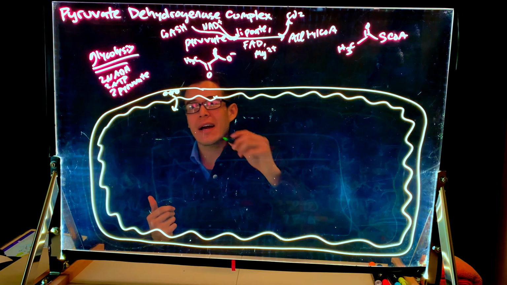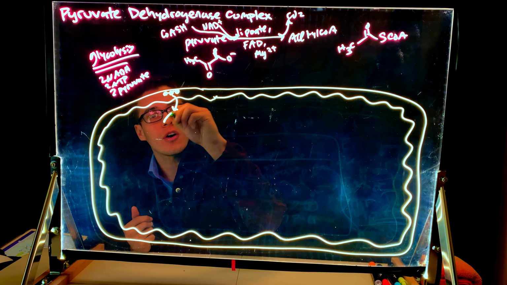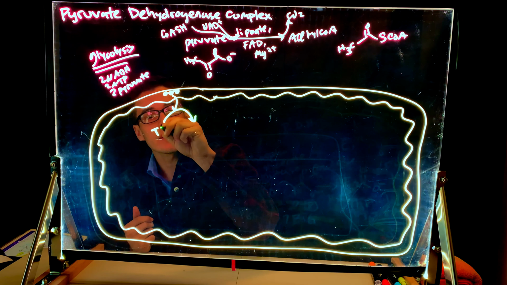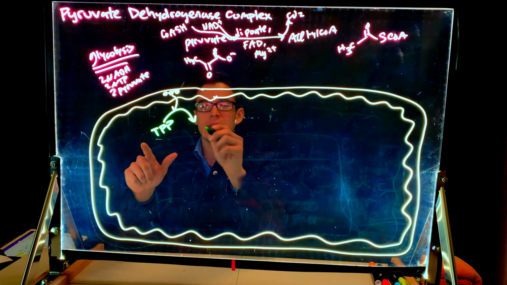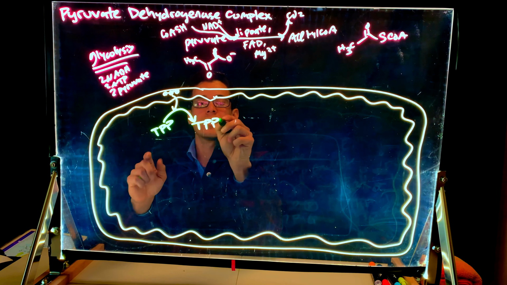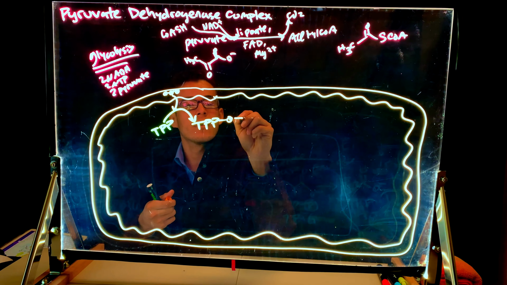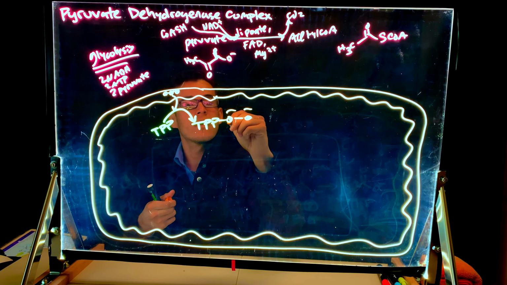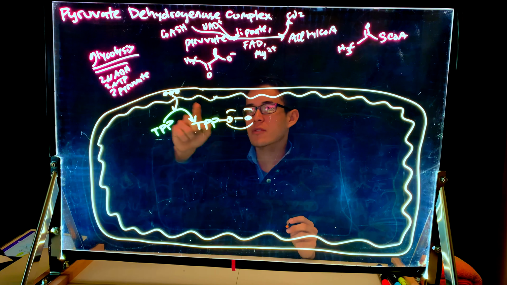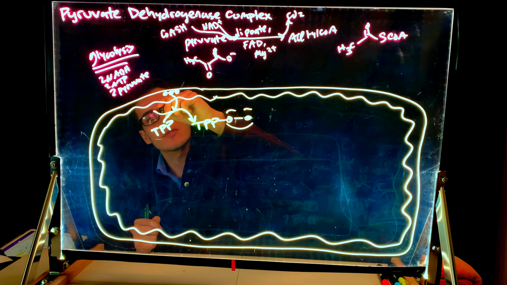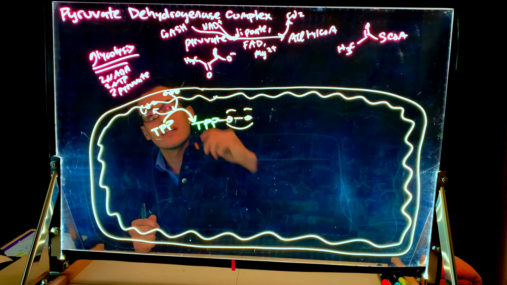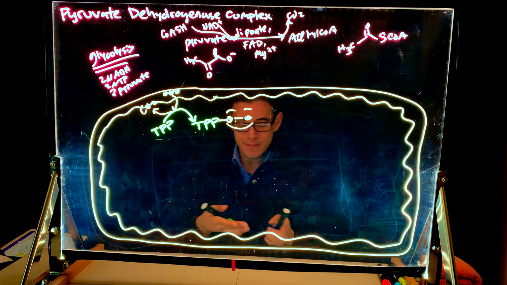So the way we do that is through a cofactor here called TPP. TPP is going to take 2 of these carbon molecules from our pyruvate. So that means we lose a CO2. There we lose a CO2.